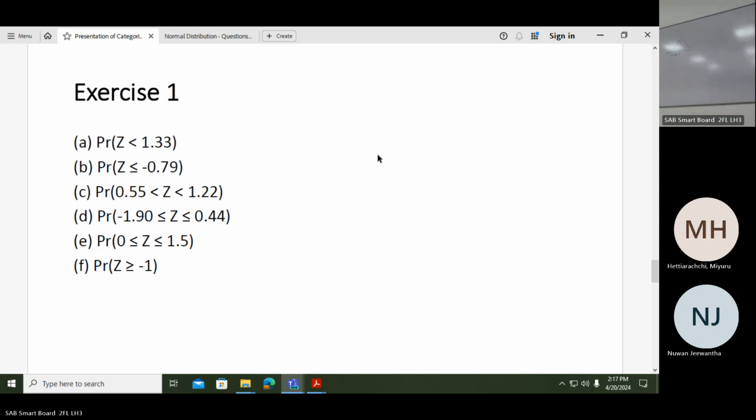Then what is the probability value? For 0.79, the table gives 0.2852, which is the area from 0 to this point. Then how to do that? 0.5 minus 0.2852 gives 0.2148.